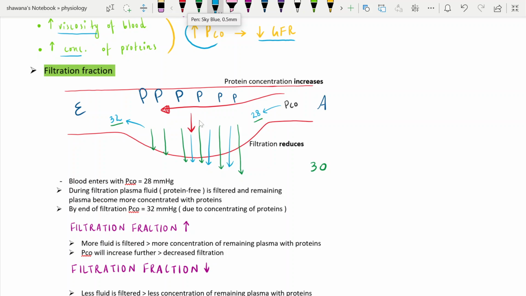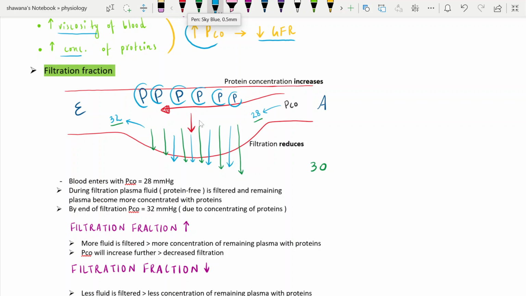They are not filtered. So a fraction of the plasma is filtered, but the proteins remain here. Eventually, the concentration of protein starts to build up here, starts to increase. It means that towards the end of the filtration, the concentration of the protein increases.